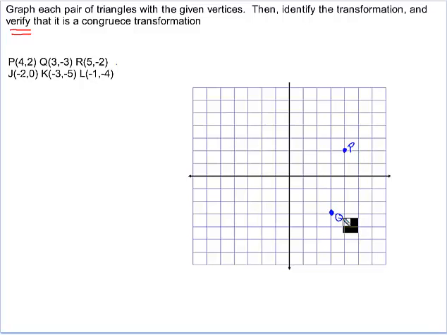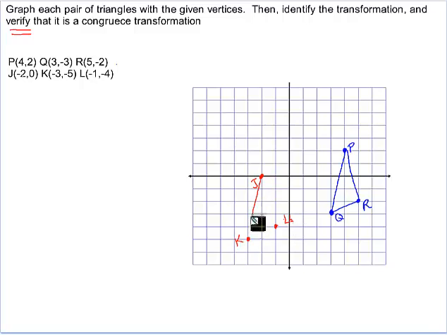And R is at 5, negative 2. Second triangle, J is at negative 2, 0. K is at negative 3, negative 5. And L is at negative 1, negative 4.